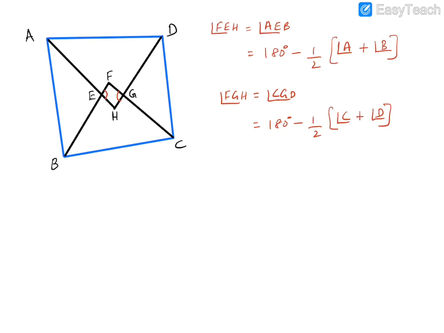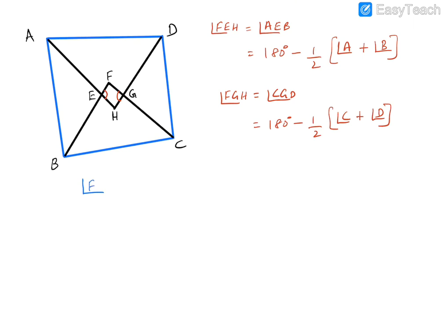If we add FEH and FGH, angle FEH plus angle FGH is basically the sum of these two expressions. Let me write that spread out further, so it's easier to write the entire expression in a single line.